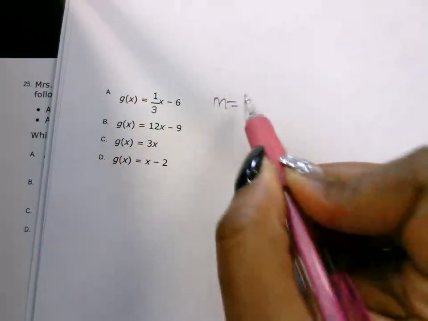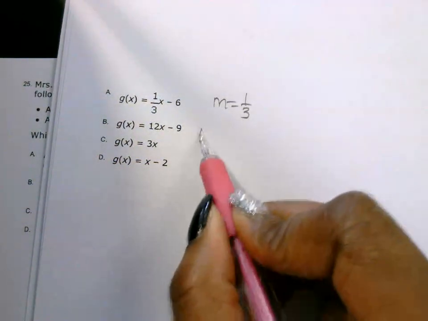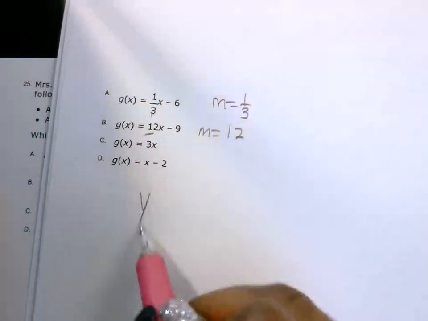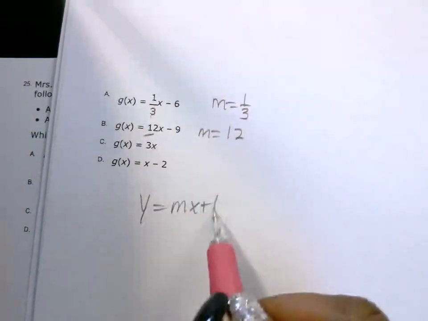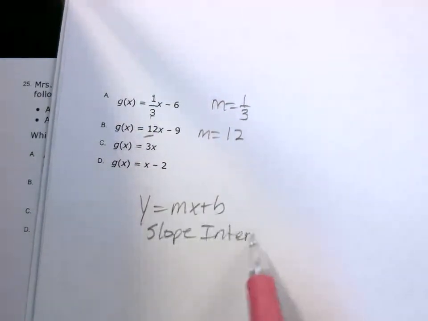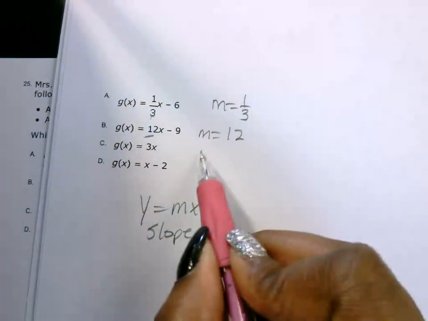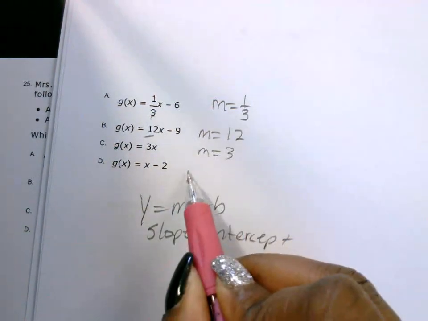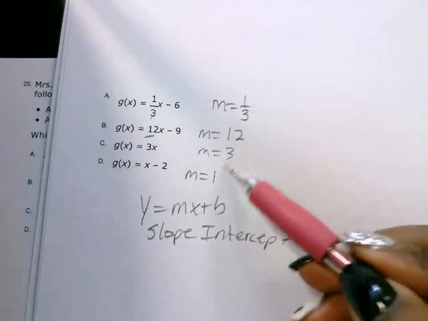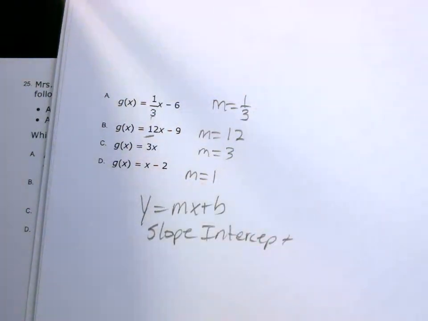The slope here is 1/3. The slope here is 12. It's the number that's attached to x, because all of it is in y equals mx plus b, which, don't forget, is the slope intercept form. The slope for this line is 3, and the slope for this line is 1. So if you find the slope, it has to be one of these numbers. That's going to be the answer.